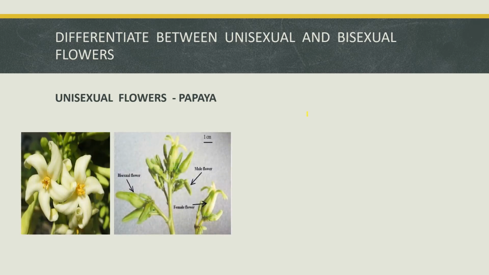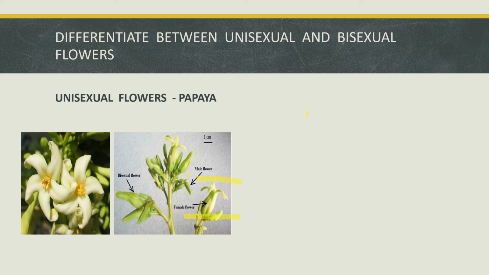Here in the papaya plant, you will find the male flower as well as the female flower. Male flower in one plant and female flower in another plant, or in the same plant, male and female flowers will be there. Such flowers, which contain either the pistil or the stamen, are called unisexual flowers. Papaya, corn, etc. are examples of unisexual flowers.